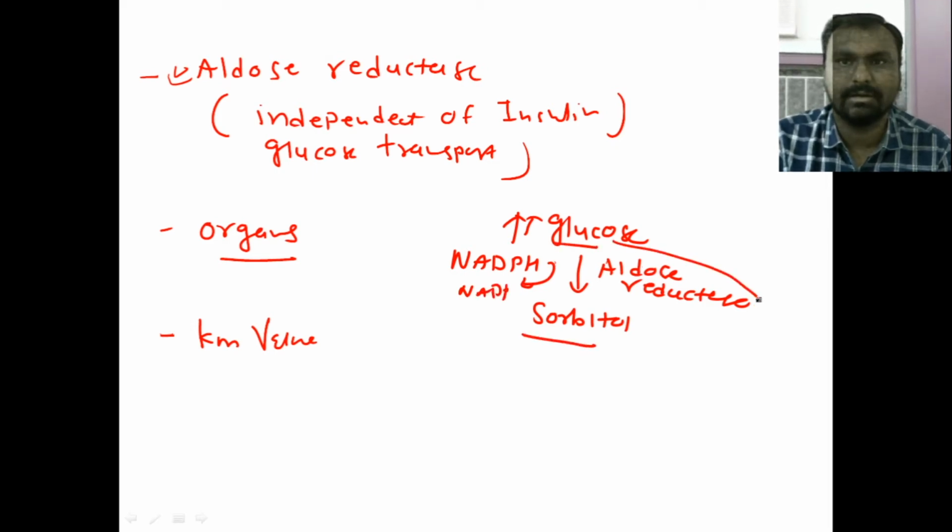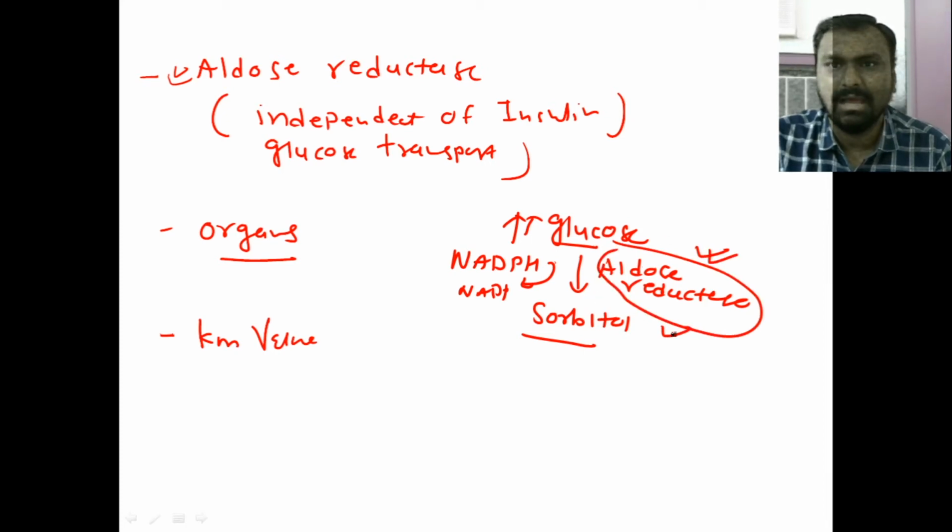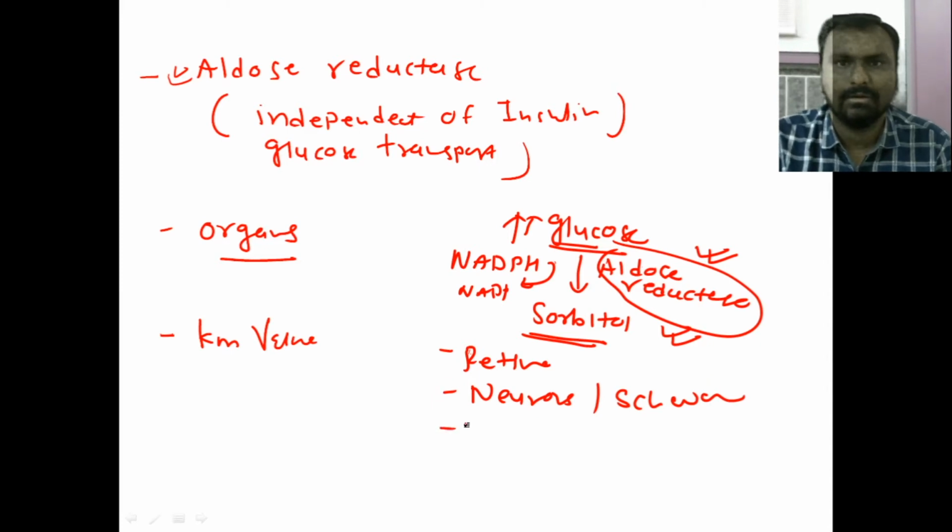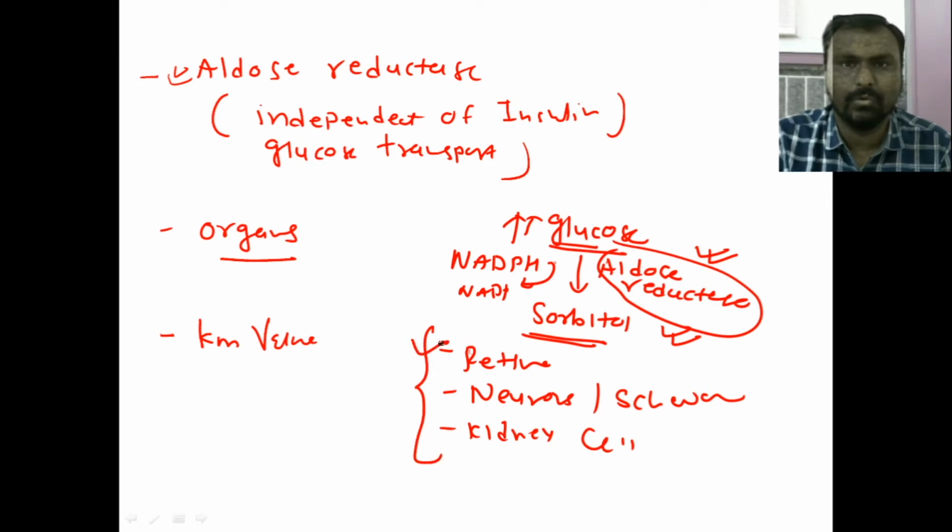This enzyme helps in the conversion of glucose to sorbitol in tissues like the retina and lens in the eye, neurons, specifically Schwann cells, or nephrons, the kidney cells. In all these organs, glucose is transported without the help of insulin, right? And aldose reductase will convert glucose to sorbitol.